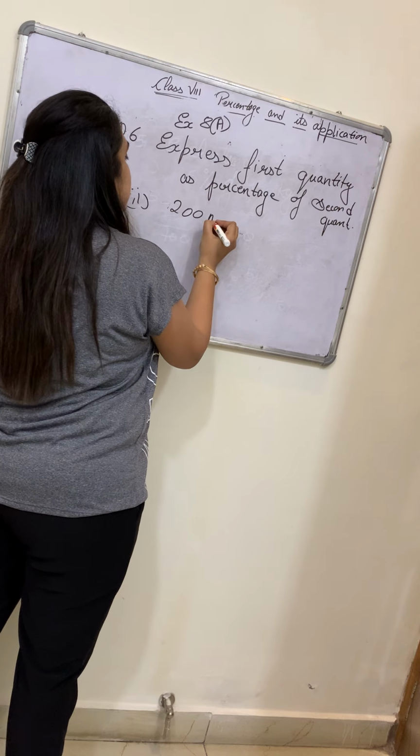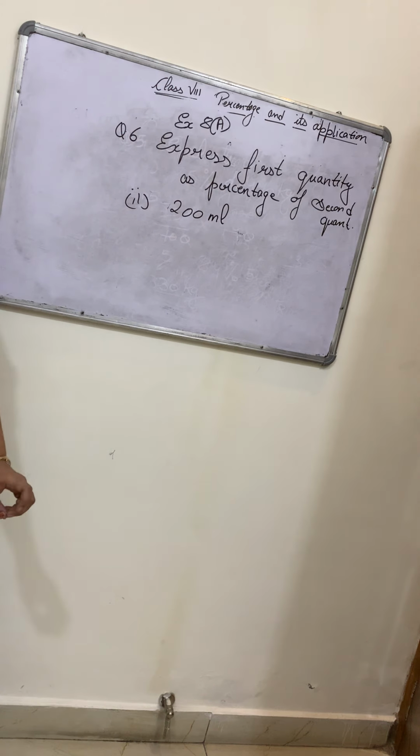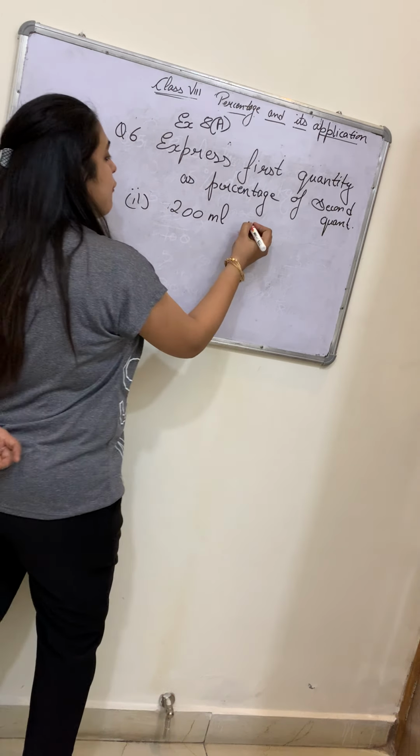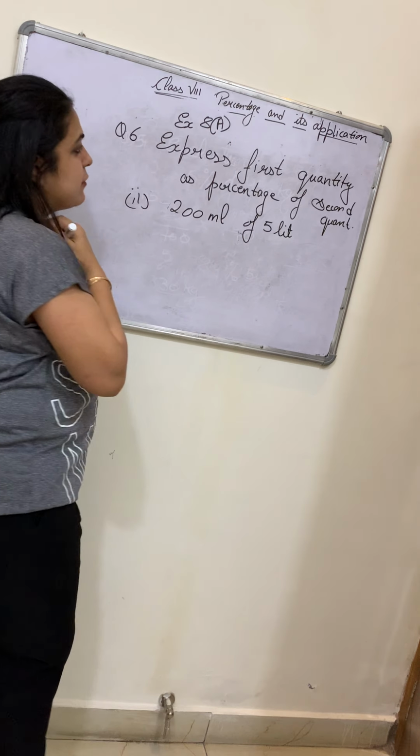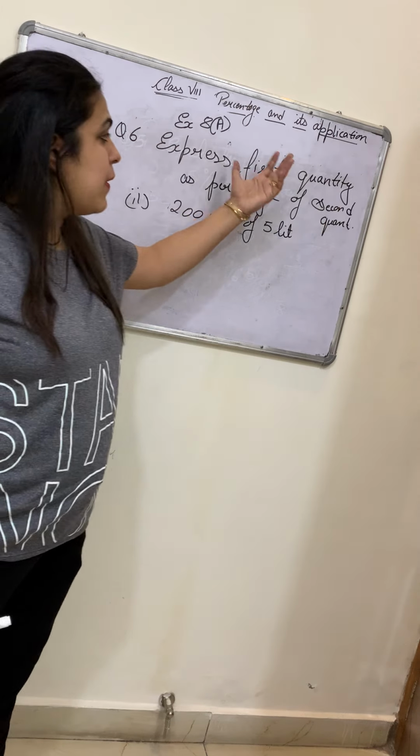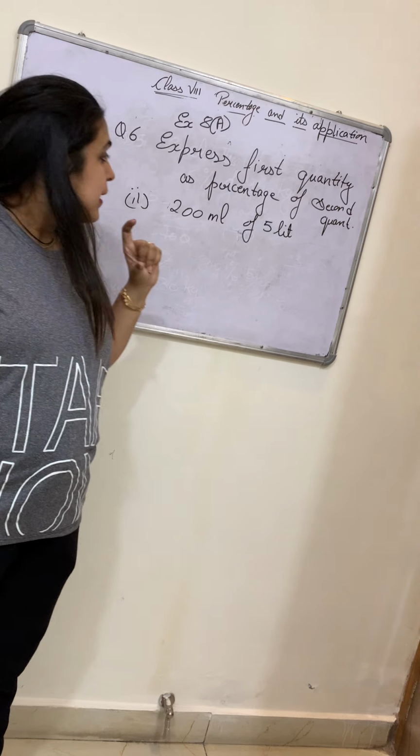200 milliliters of 5 liters. What does this mean? First of all, express first quantity as percentage of second.